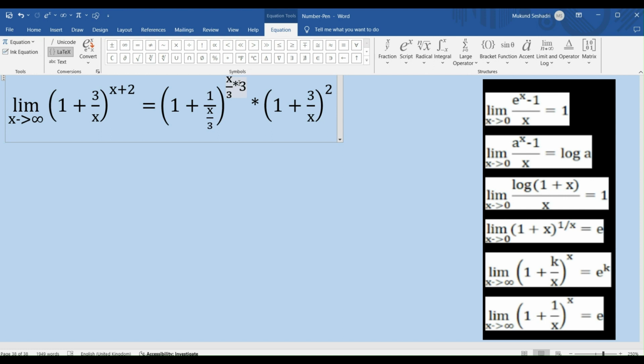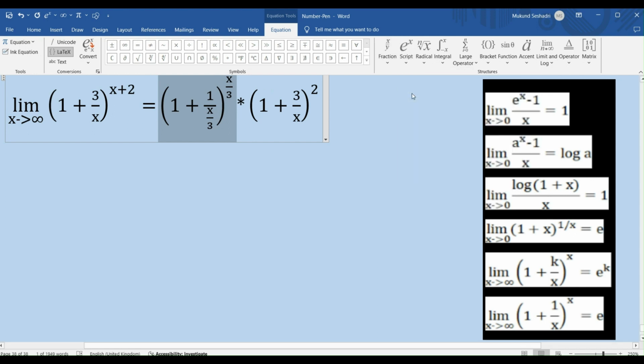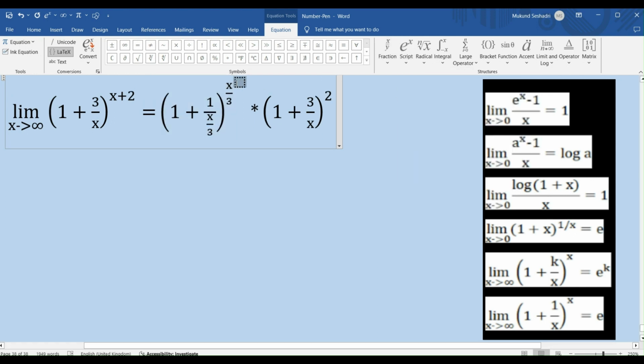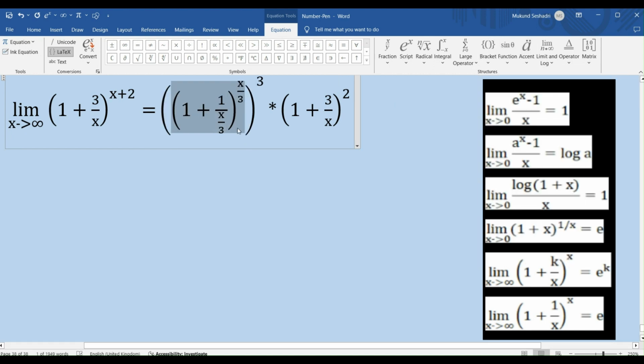So when we have an expression to the power x by 3 into 3, I can rewrite this further as (1 plus 1 by x by 3) to the power x by 3, I'm going to bracket this and write it to the power 3, right? I hope this makes it a lot simpler, right?